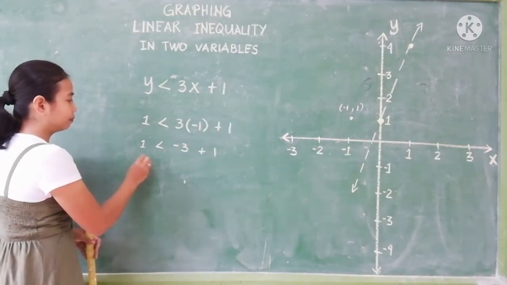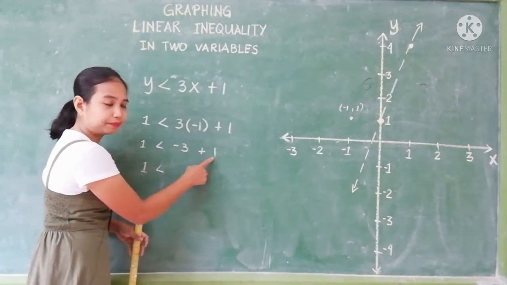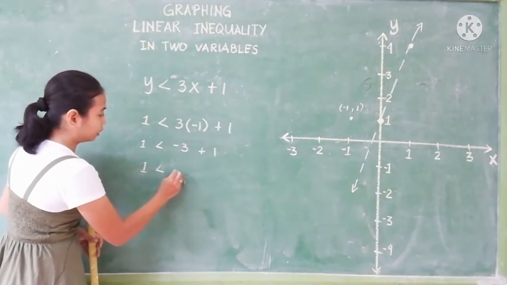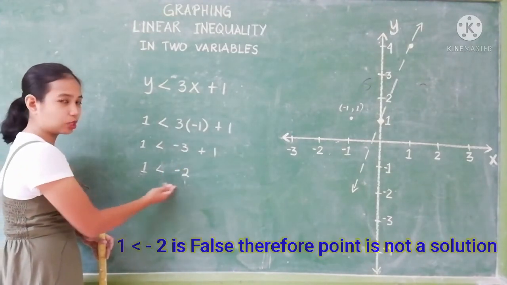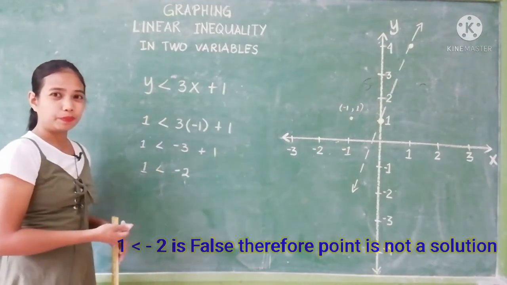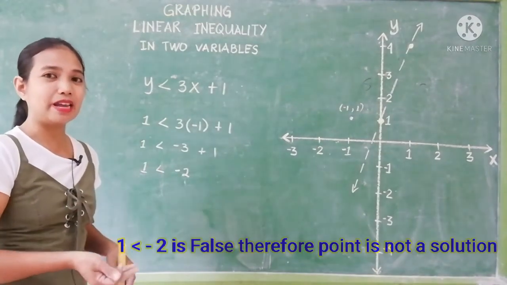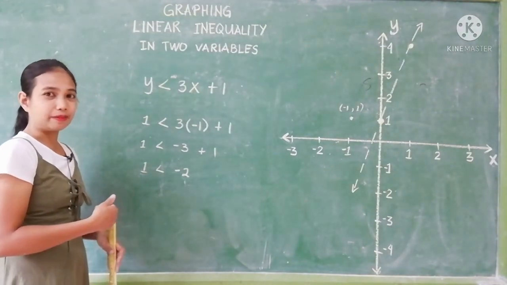So 1 is less than negative 3 plus 1, that is negative 2. So as you can see, this will not satisfy the condition. 1 is less than negative 2. Okay? So alam naman natin na ang negative 2 ay mas maliit kaysa sa 1.